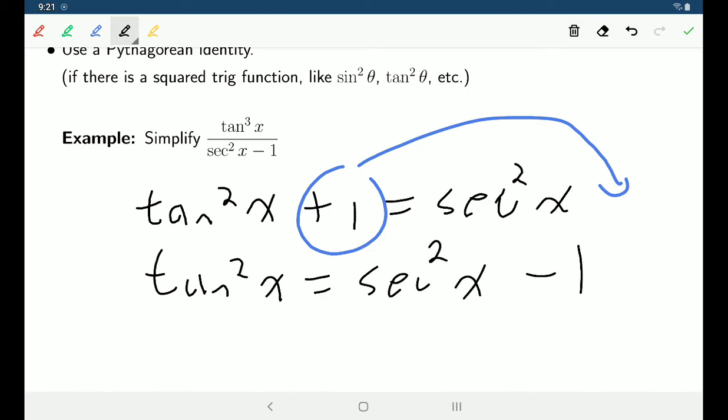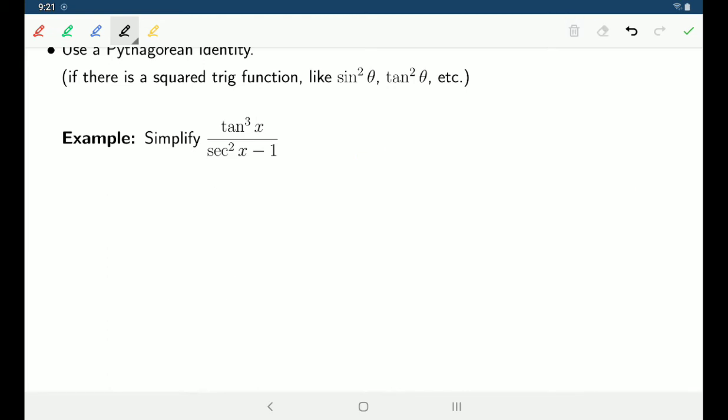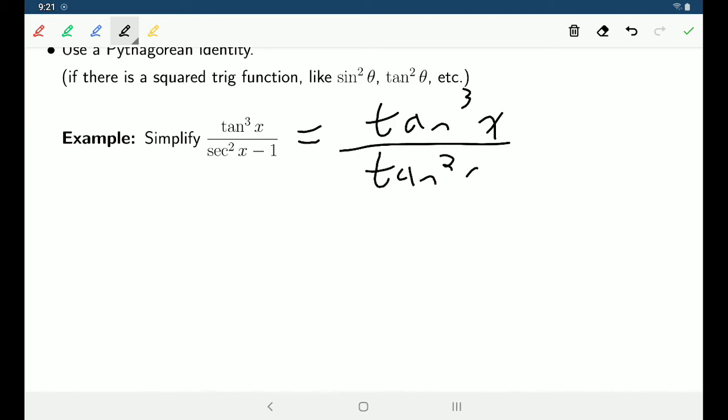So that's going to be my idea here, that the denominator that I have, I'm going to actually just replace with tangent squared using my Pythagorean identity. So the numerator is tangent cubed x, and the denominator is equivalent to tangent squared x.